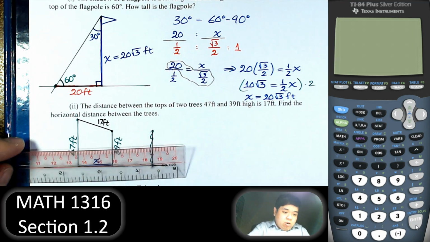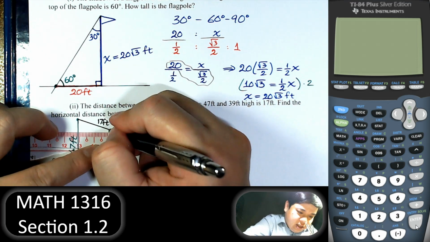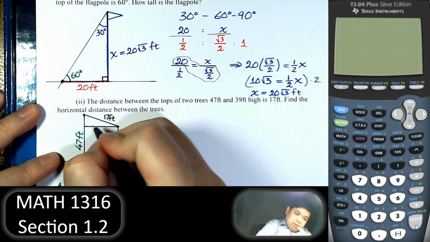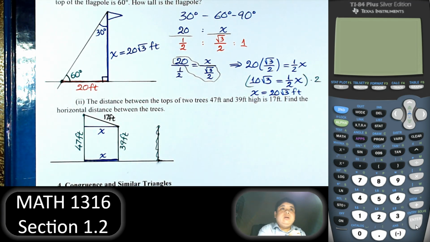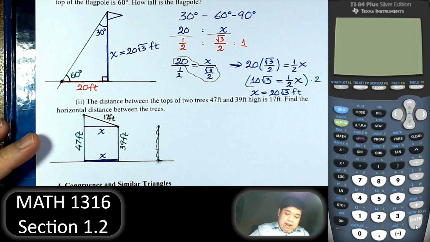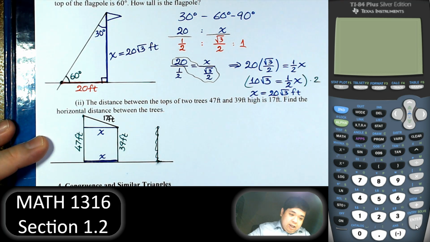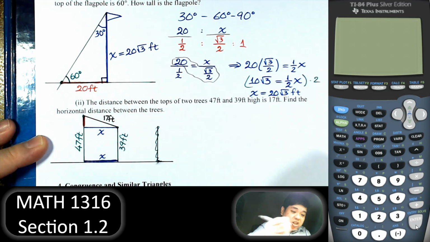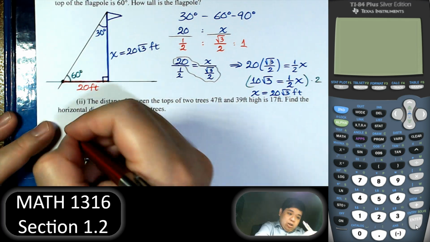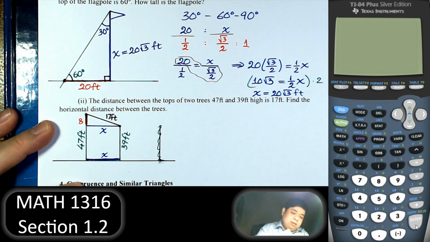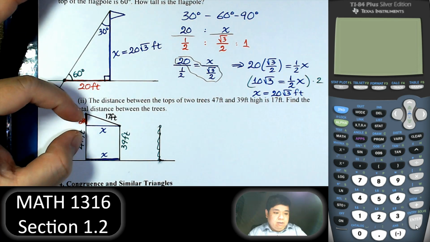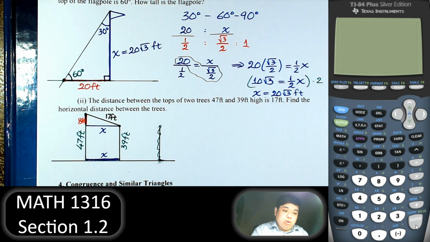Of course, that horizontal distance is the same as this distance. And if we take the difference of the heights of the trees, one is 47, the other one 39, so this is going to be 8 feet.